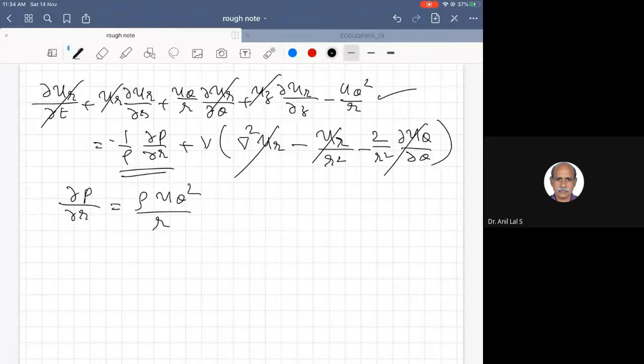Now that we have u theta as a function of r, we get rho by r into C1 R plus C2 by R, the whole squared.